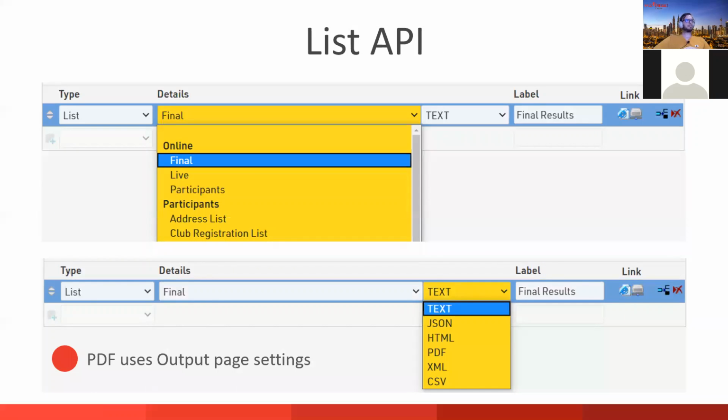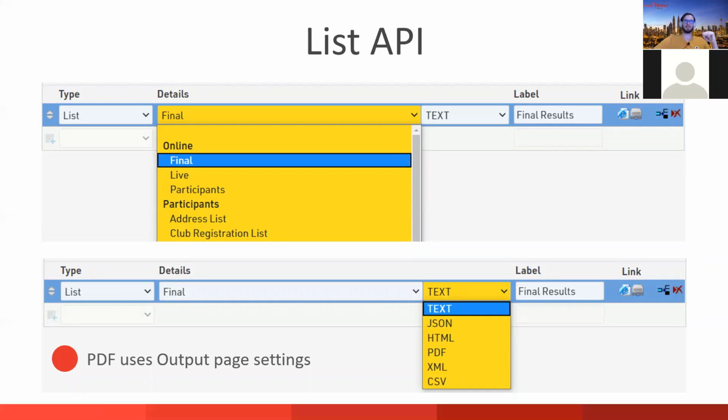So first we'll look at a list. So as I mentioned, you will select the output list you want to publish. You will then select the format: text, JSON, HTML was the one I forgot, PDF, XML, and CSV. And then we label it. And as a note, if you are using the PDF, it will publish that PDF using the output page settings.